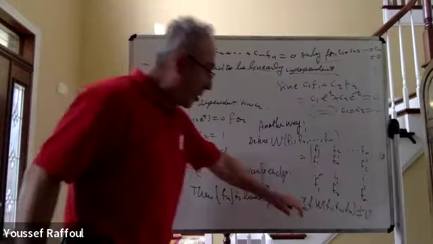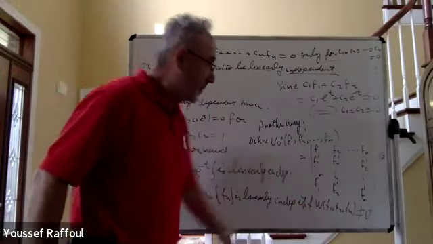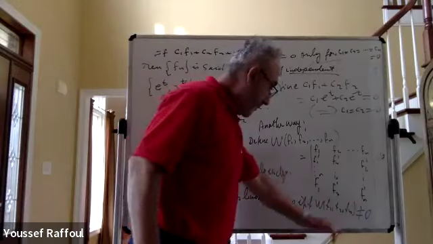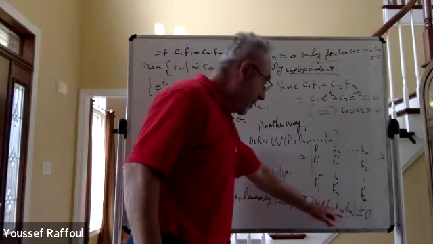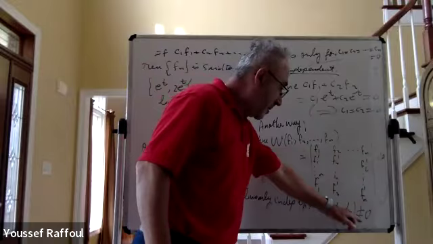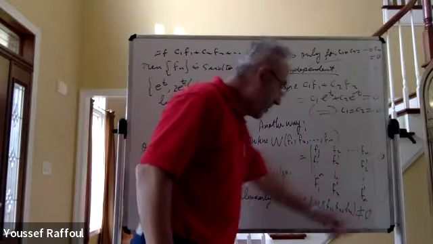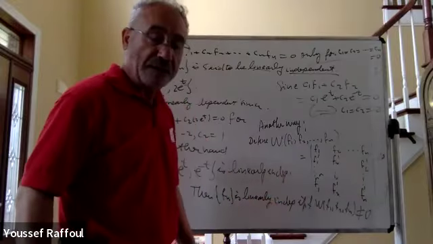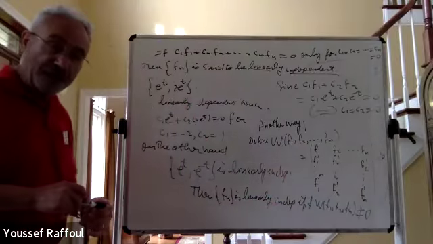So this is an if and only if statement. That means if the determinant is 0, it's not linearly independent. That means it's linearly dependent due to the if and only if statement.